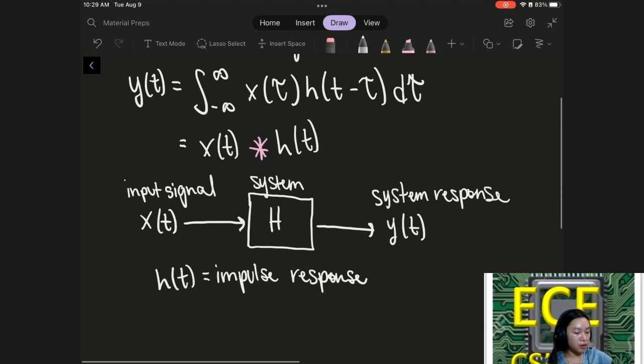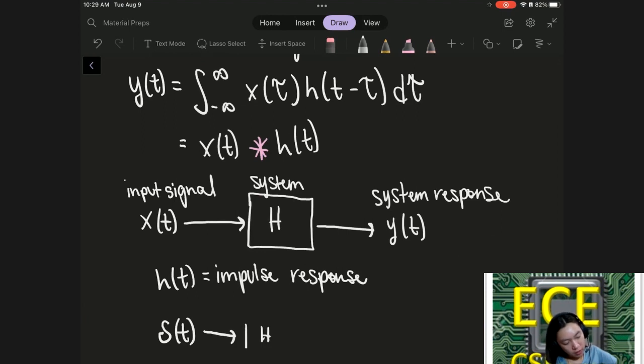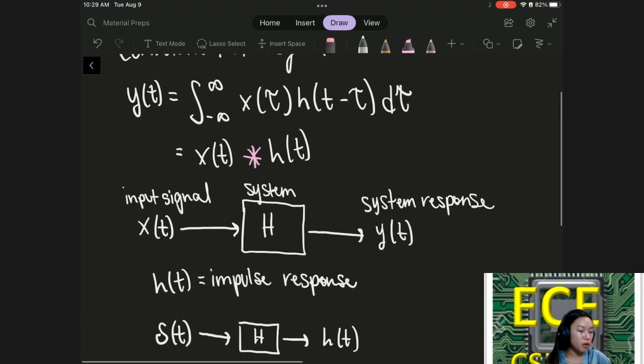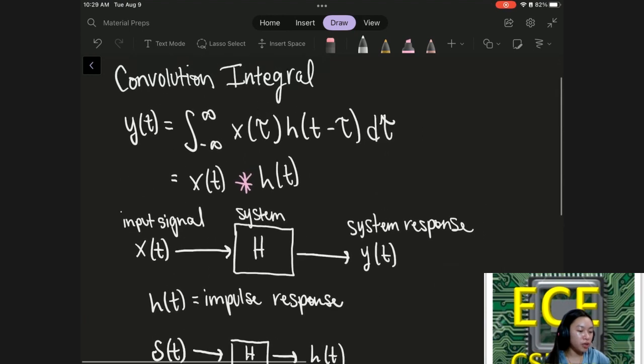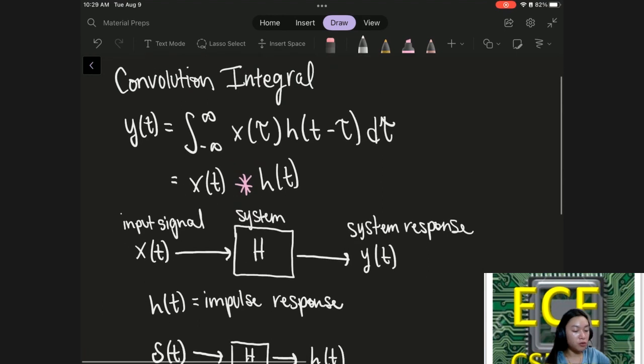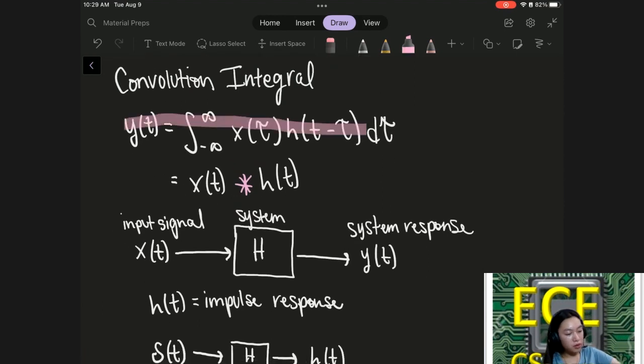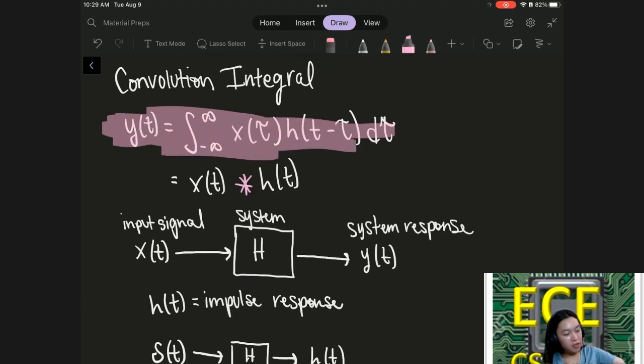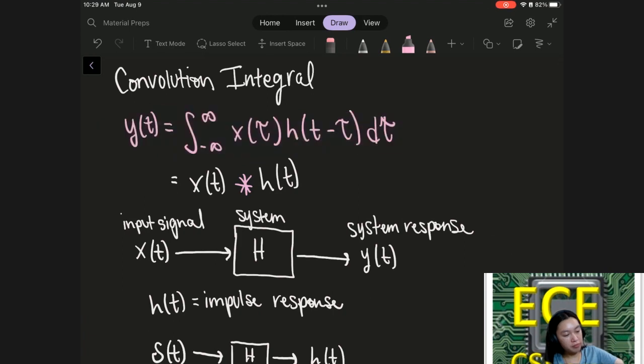So delta t is your input signal, and you put it into the system H, and so your response would be h of t, or in other words, the impulse response, right? But for now, if you're given a continuous signal, you'll use this equation to find the convolution.